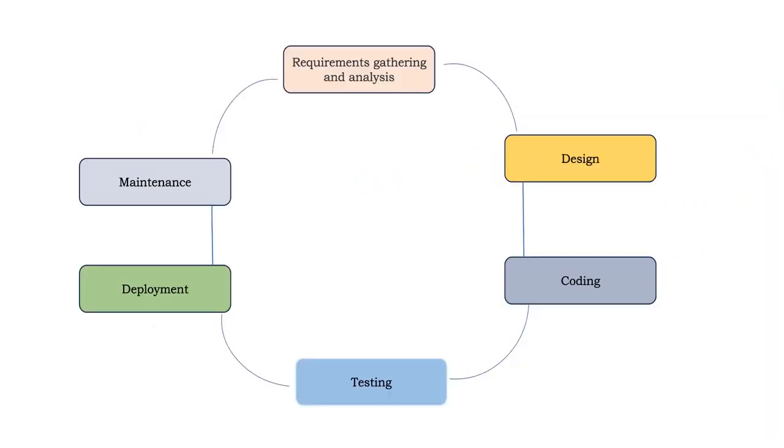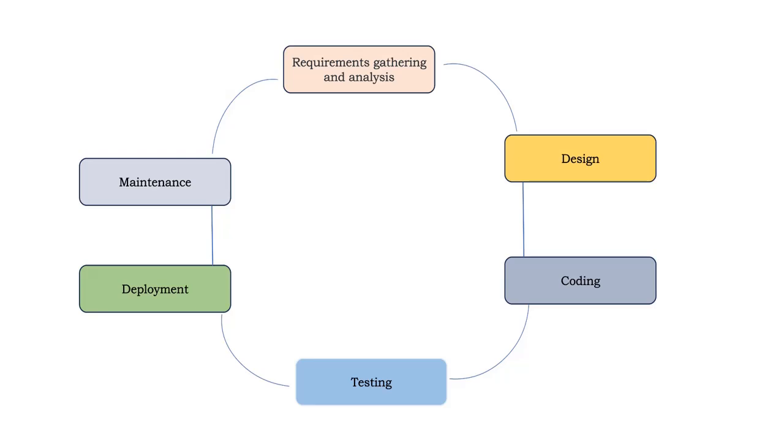You are seeing the different phases present in the SDLC model. First, we will understand what the SDLC model is. As I mentioned, SDLC stands for Software Development Life Cycle of a software. It provides a structured and organized approach towards software development.